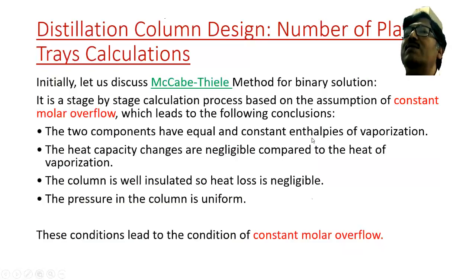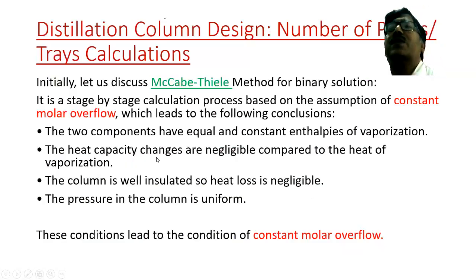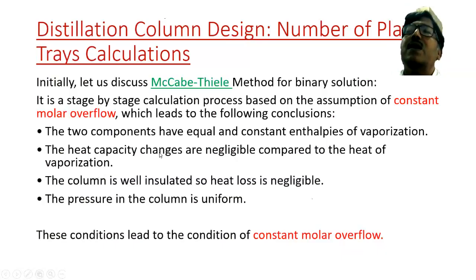This is one point of criticism of the McCabe-Thiele method. And the second conclusion is that heat capacity changes are negligible compared to heat of vaporization. To some extent we can consider this, but of course, in some cases, it may differ.